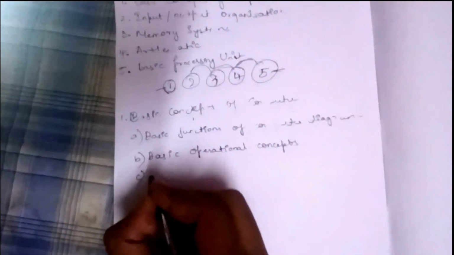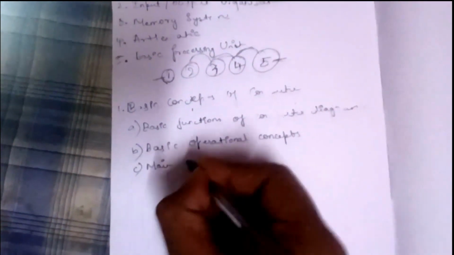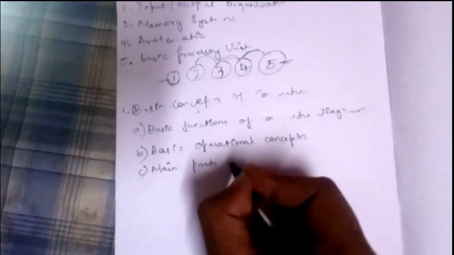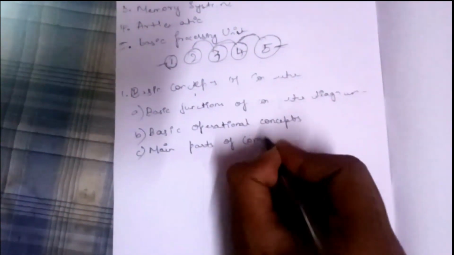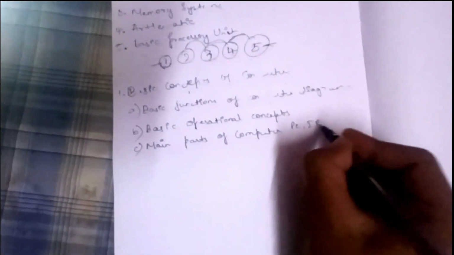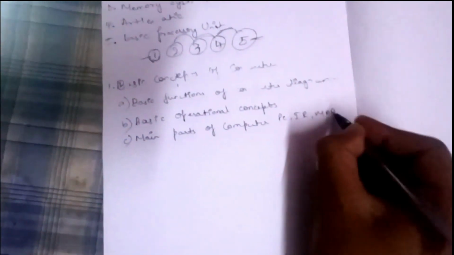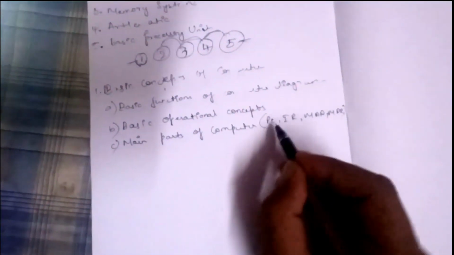Then the third question is main parts of computer, like PC, IR, MAR, MDR. You have to understand these four or five things, very important.